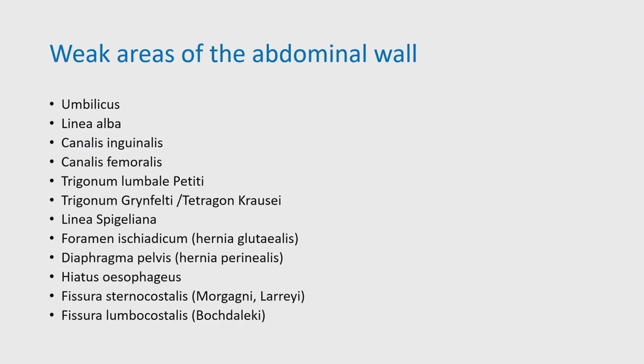Of course, there are several weak areas of the abdominal wall. They are usually the places for the formation of hernias. The famous one is the umbilical hernia, at the level of the linea alba.